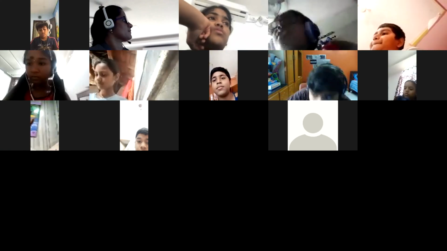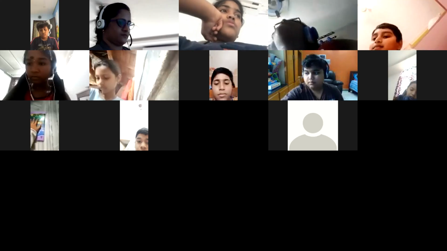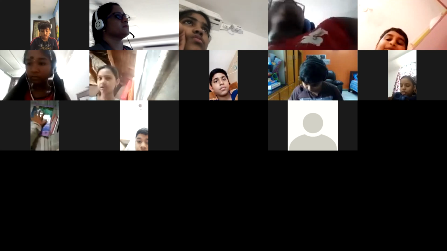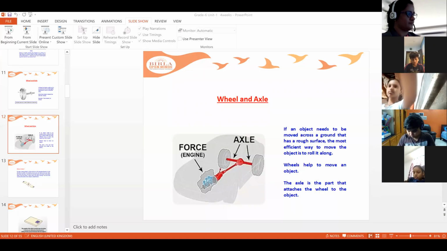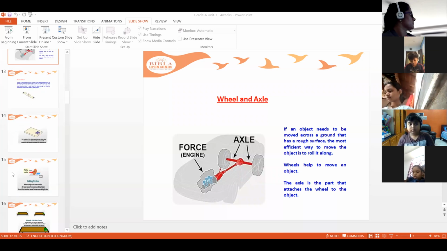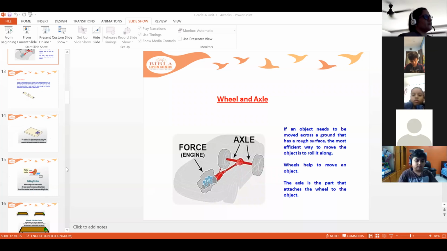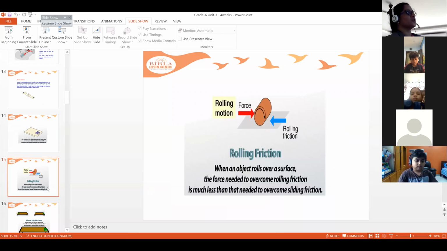So let us have a look at this. You all can see the screen. Here we are going to read about the rolling force. Which force helps a pencil to roll easily?